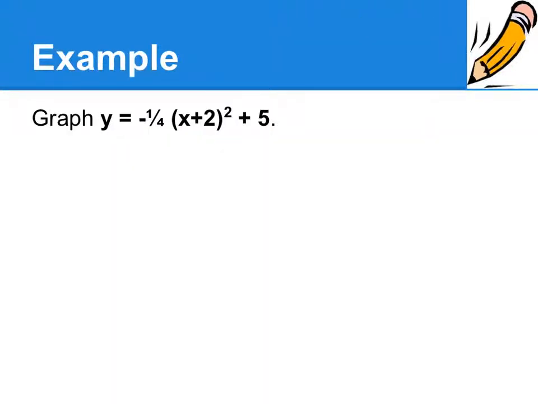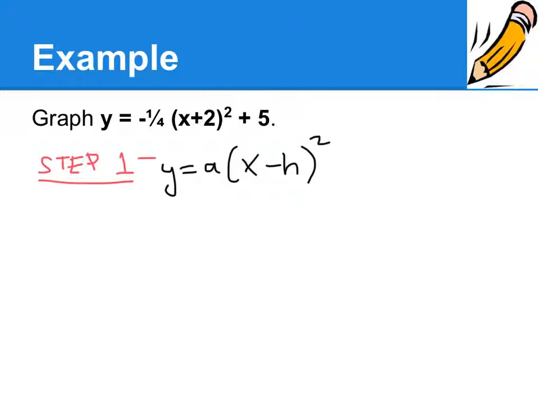Okay, so here's our first example. Graph y equals negative 1/4 times (x plus 2) squared plus 5. So let me write step 1. I always like giving you all steps just to show you what we're doing. I usually write down the actual equation. So y equals a times (x minus h) squared plus k.